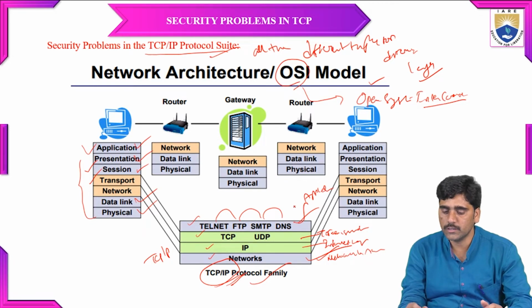About this diagram, we have to understand all the layers of the OSI model as well as the TCP/IP model. The TCP/IP protocol layers consist of the application layer protocols: Telnet, File Transfer Protocol, SMTP (Simple Mail Transfer Protocol), and DNS (Domain Name System). TCP and UDP are the protocols in the transport layer. The Internet Protocol, ICMP, and IGMP are in the internet layer.